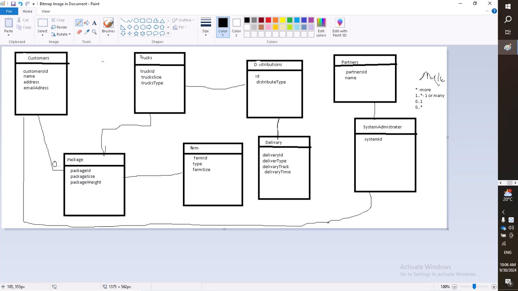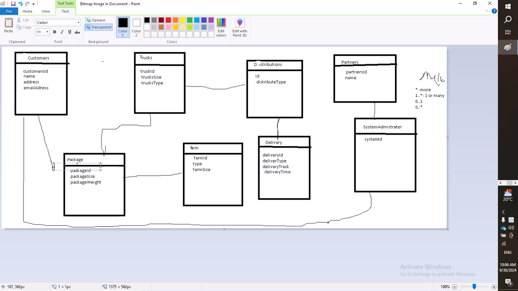Let me rewrite this so that you will understand. You have to write like this: the customer can get either no package or many packages. Okay, you look again.